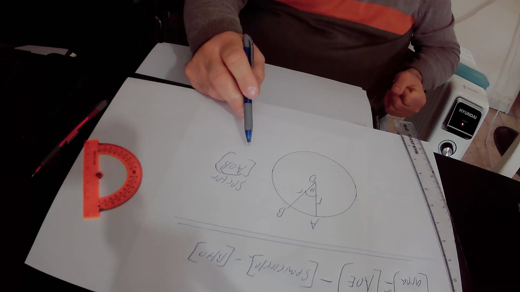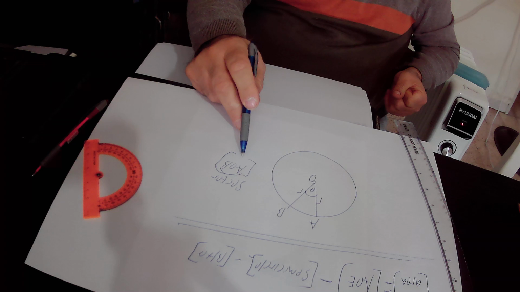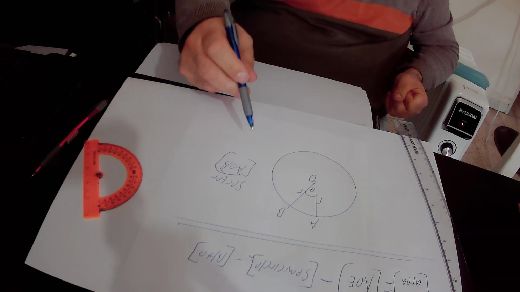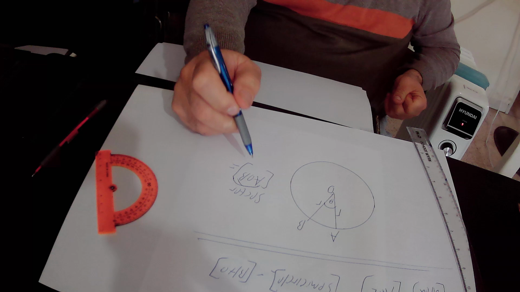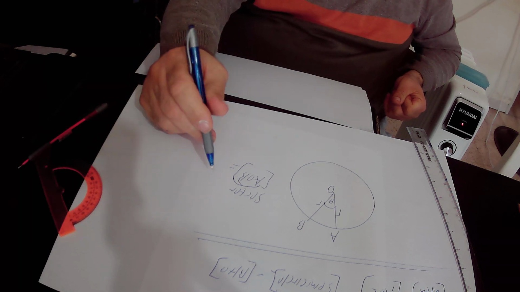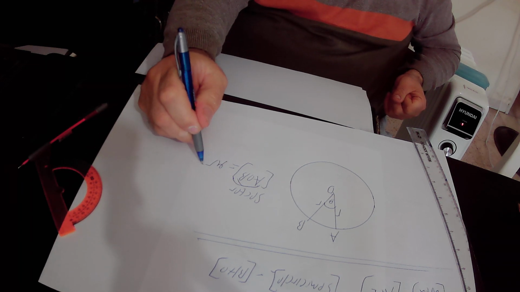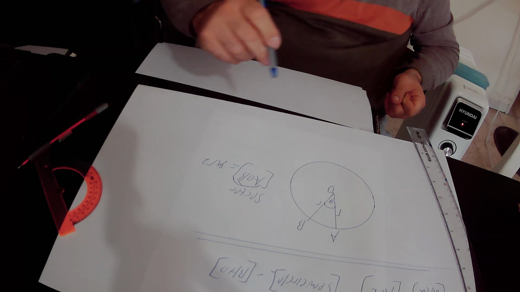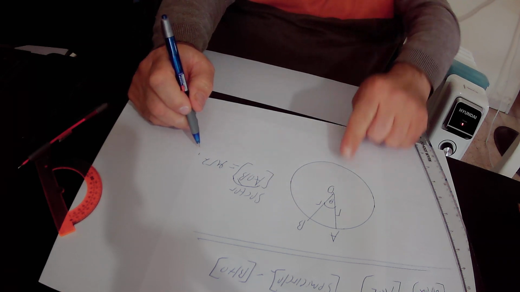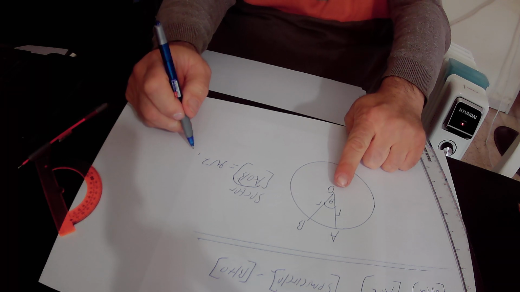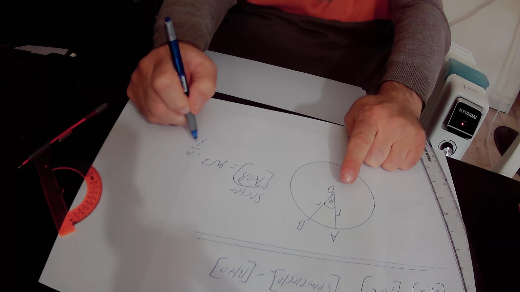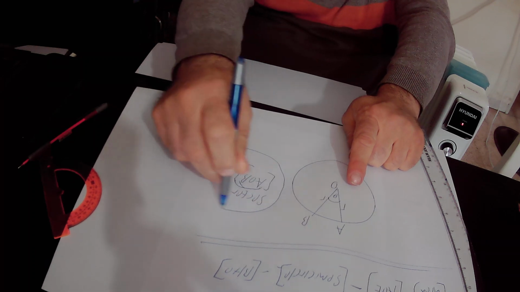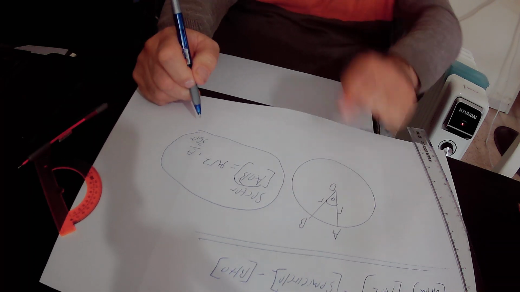So this is how we define the area of a sector. The area of sector AOB will be equal to pi r squared, that is the area of this circle, times the angle between the two radii, that is theta, over 360 degrees. This is the formula for the area of any sector.